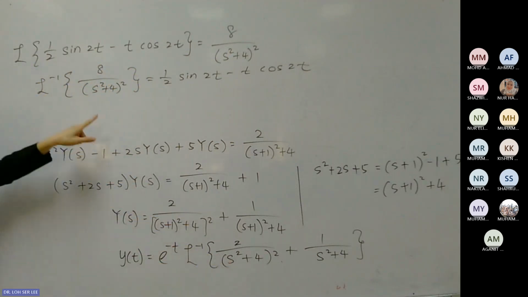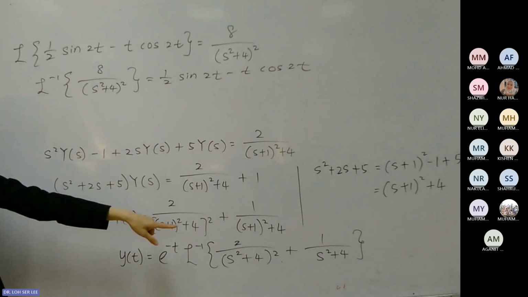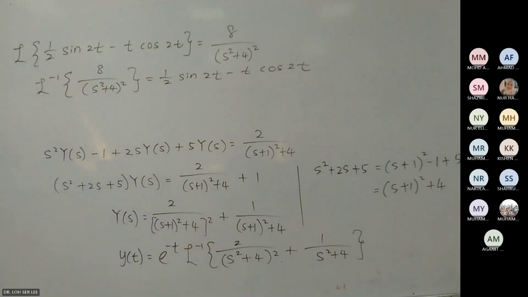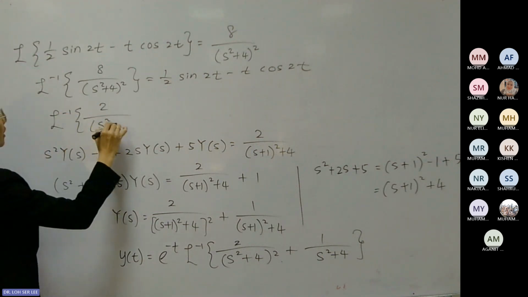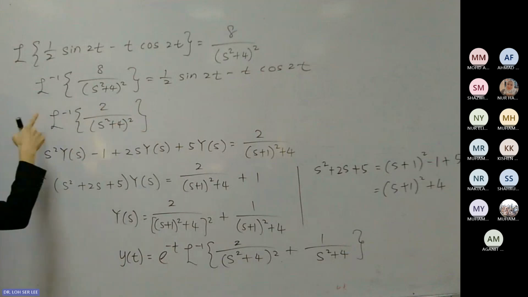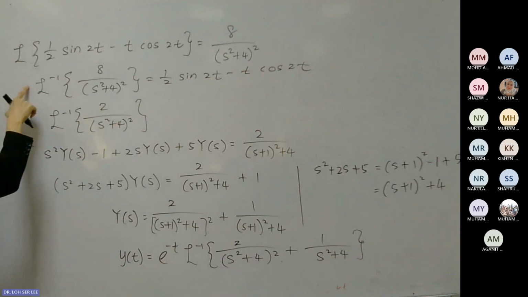This one is the same as this one, right? It's just that this is 8, what we have is 2. So just factorize the 4. You factorize the 4, then you will have 2 over (s squared plus 4) squared. Factorize the 4, so you have a 4 here.